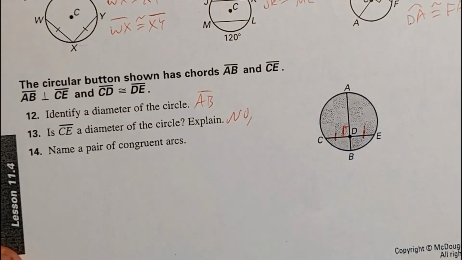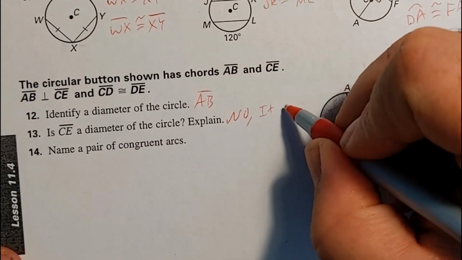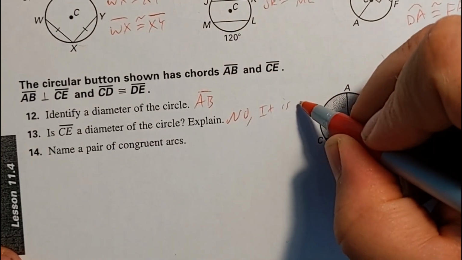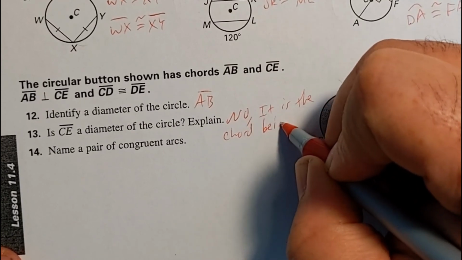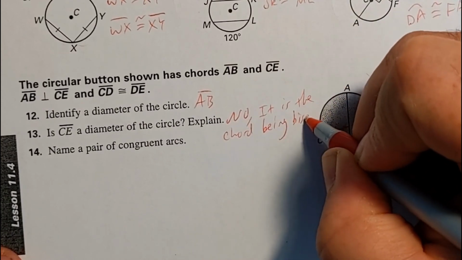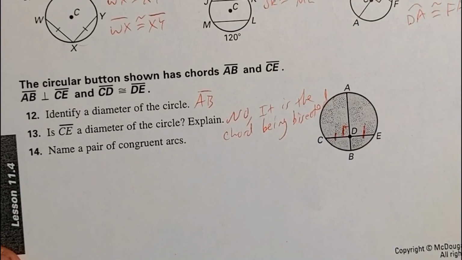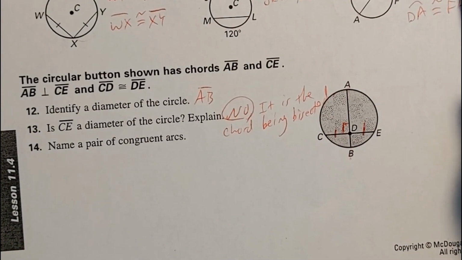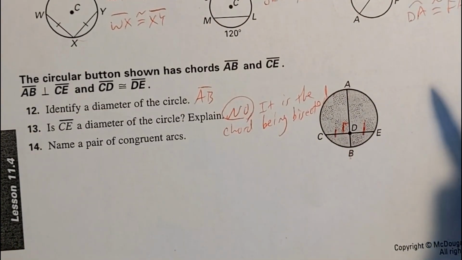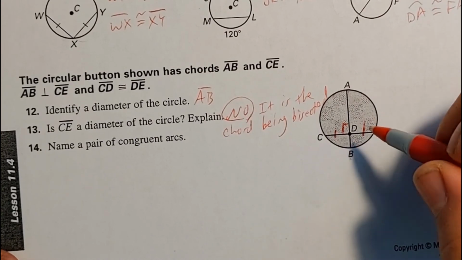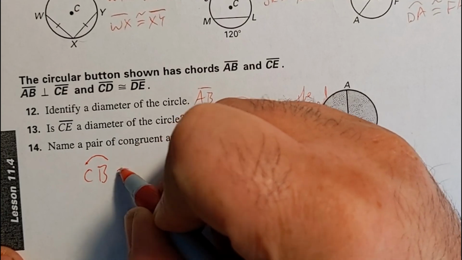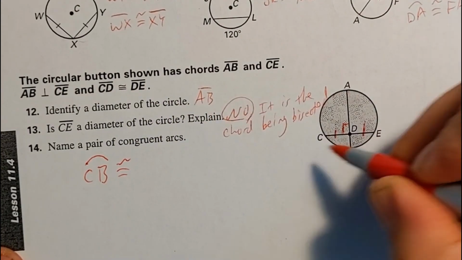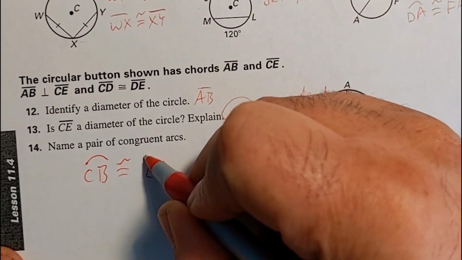No. Why? Because it is the chord being bisected. Number 14, name a pair of congruent arcs. So we can go with CB, that's an arc, and it'll be congruent to EB, that's another arc.